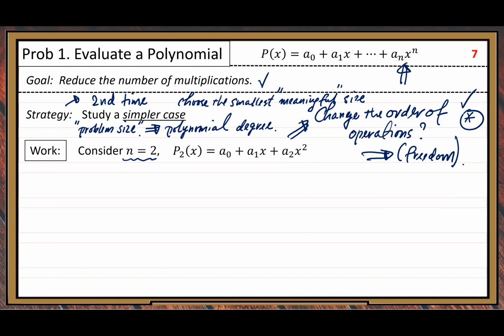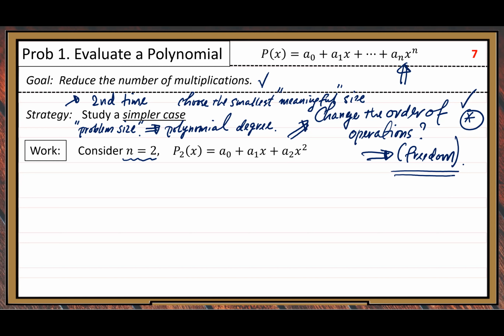Because if we look at how we evaluate this polynomial applying additions and multiplications, we have many different ways. First, definitely it's not a unique way, right? The way to do the polynomial evaluation is not unique. If it is not unique, that means we have some freedom to choose the order of the operations.